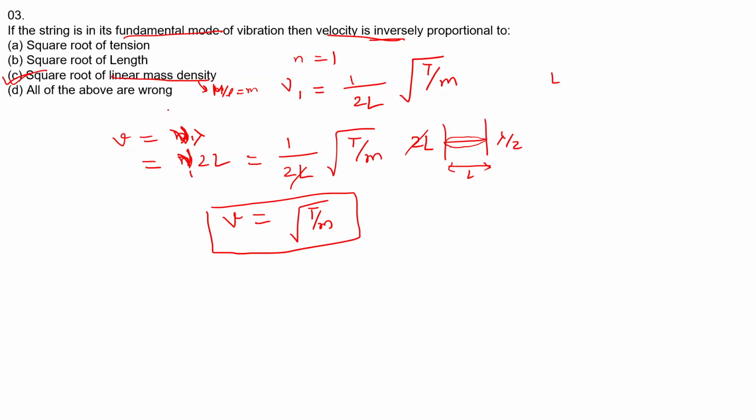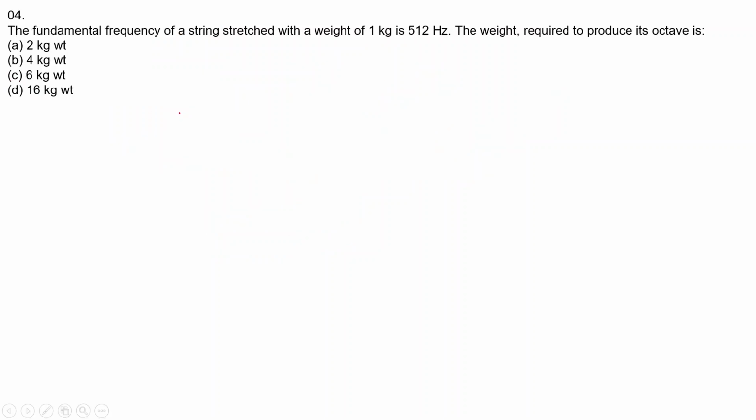Okay. So next question is: the fundamental frequency of a string stretched with a weight of 1 kg is 512 Hz. The weight required to produce its octave. Again, fundamental frequency. That means nu is equal to 1 over 2L under root tension over mass per unit length.